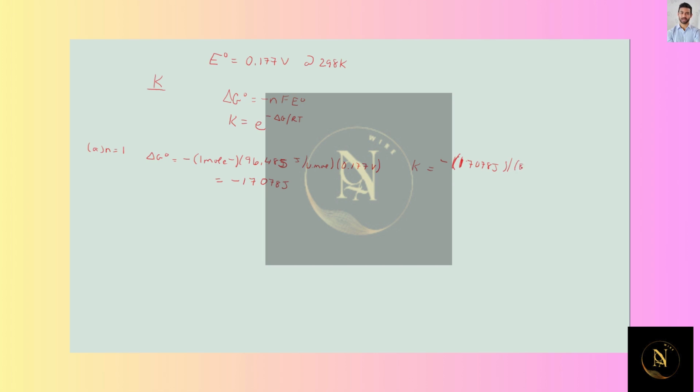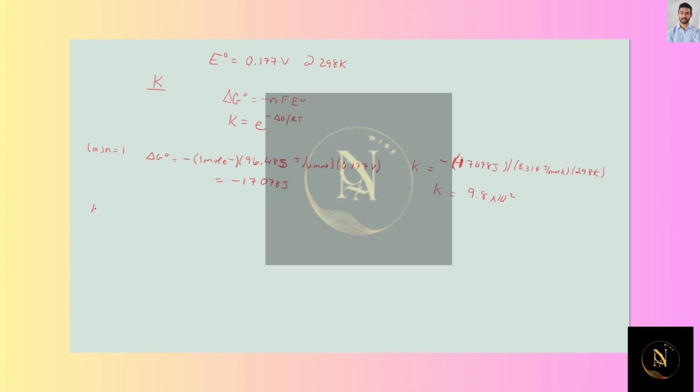So R is 8.314, and that is joules per mole Kelvin, times the temperature of 298 Kelvin. And I get, there's another negative in there, sorry. I get that K in this case is equal to 9.8 times 10 to the 2.